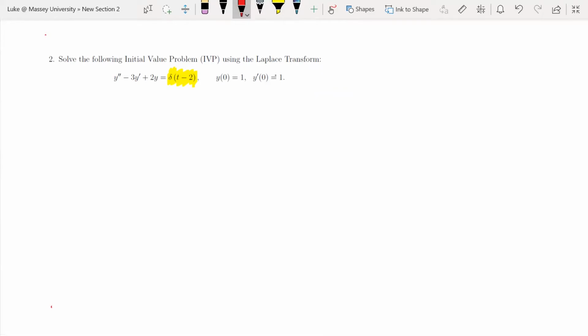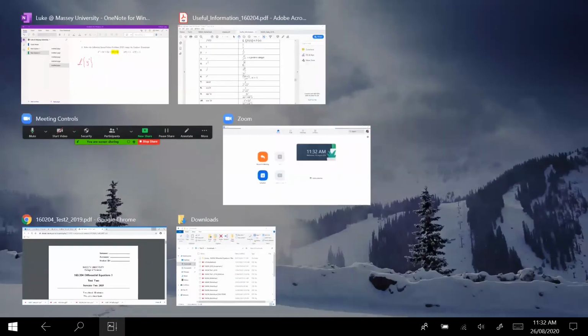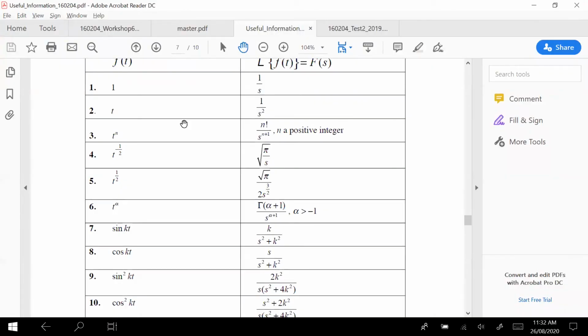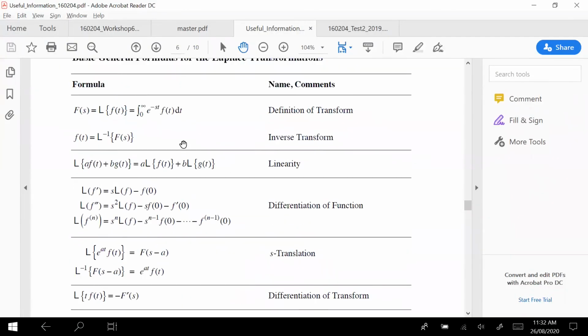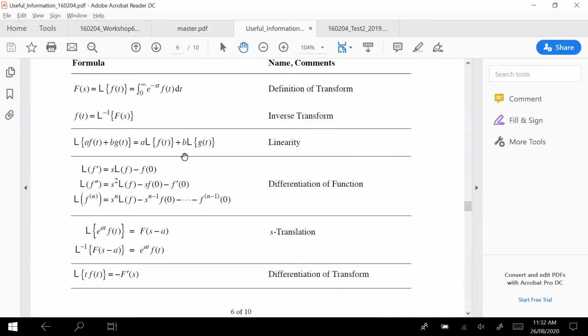So what I'm going to start with is take the Laplace transform of both sides of the equation. Well, the Laplace transform of y double prime. I expect you probably remember this by now, but if you don't, just go back to your table of Laplace transforms, and you'll see that the Laplace transform of the second derivative of a function is equal to s squared times the Laplace transform of the function, minus s times the first initial condition, minus the second initial condition.